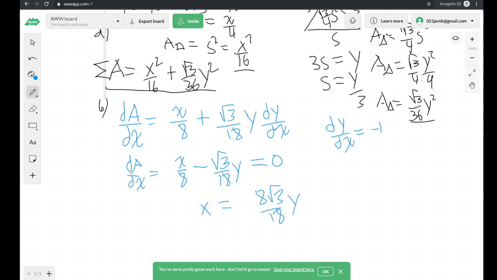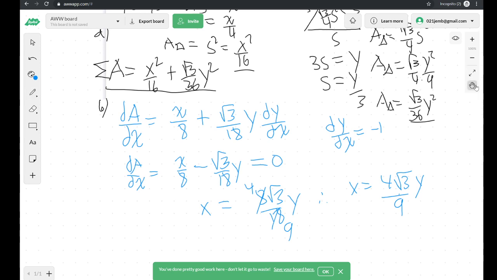Okay, 8 divided by 2 is 4, and 18 divided by 2 is 9. So we have that x equals 4 radical 3 times y over 9. So when x equals 4 radical 3 y over 9, then we have a maximum area.